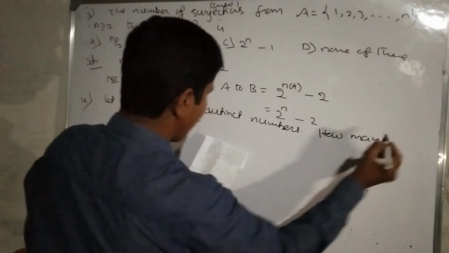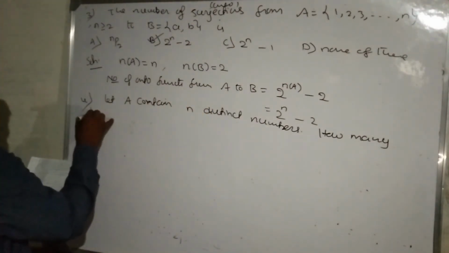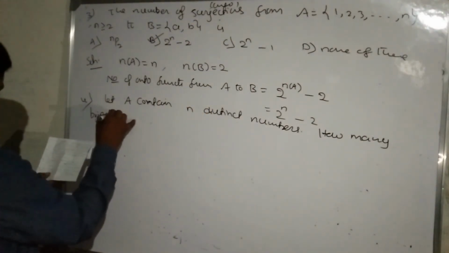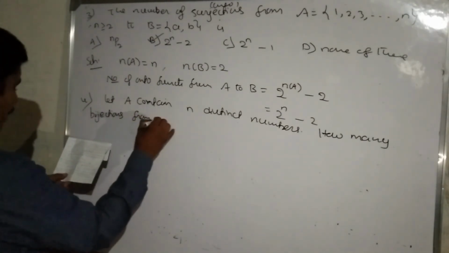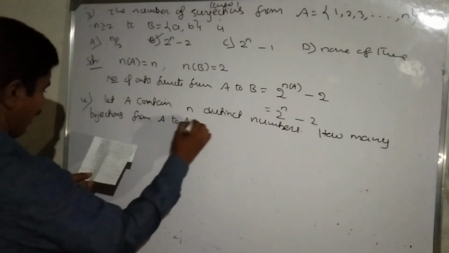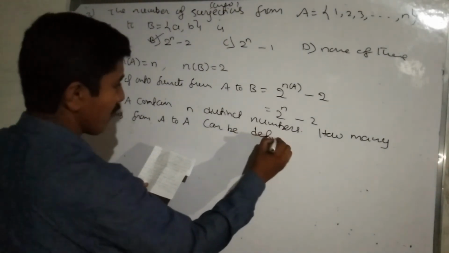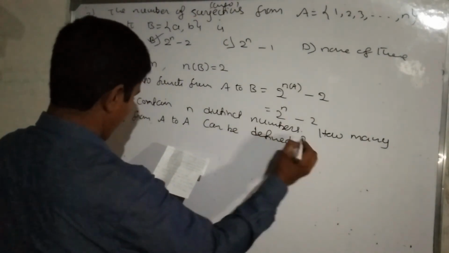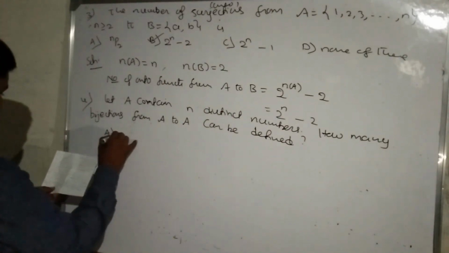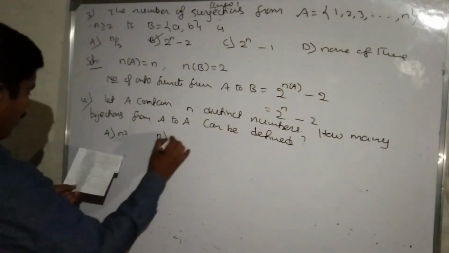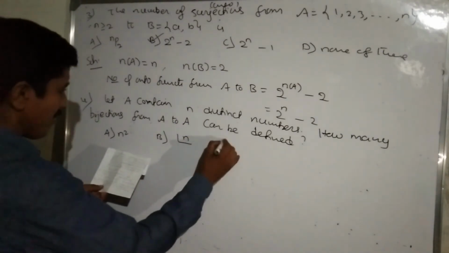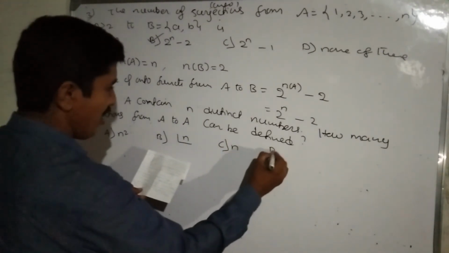How many bijections from set A to set A can be defined? A option n square, B option factorial n, C option n, D option none of these.